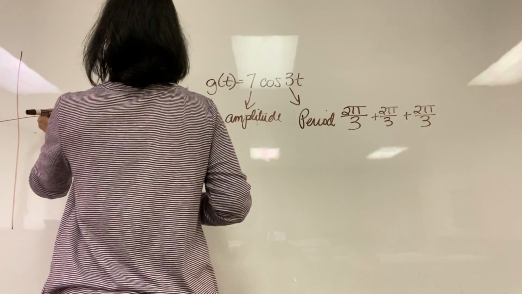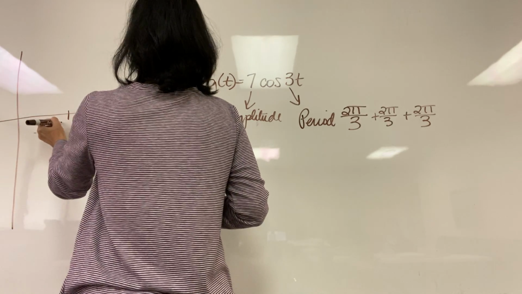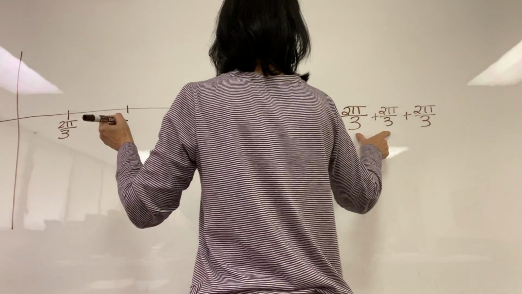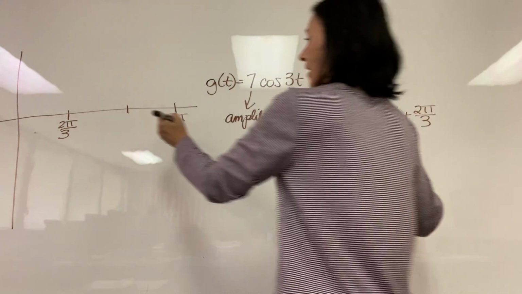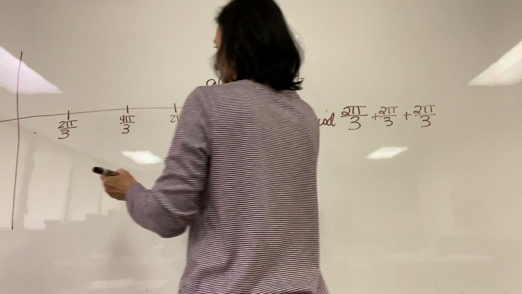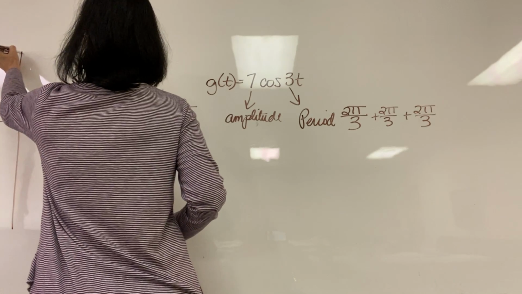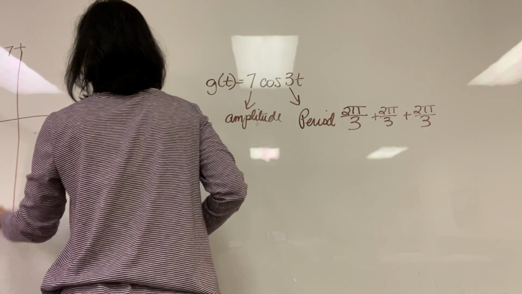All right, so we can just divide this into thirds. So this would be 2 pi over 3. The next one would be 4 pi over 3, right? This is going to be a crazy kind of curve, 7 down to -7.